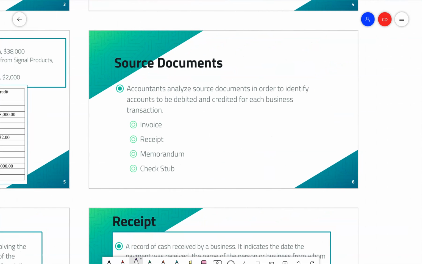We will do an assignment with them, and then a graded assignment with some source documents. But it's not something that you have to fully master. I just want you to get some experience with it. There are 4 main source documents that we're going to look at: invoices, receipts, memorandums, and check stubs.